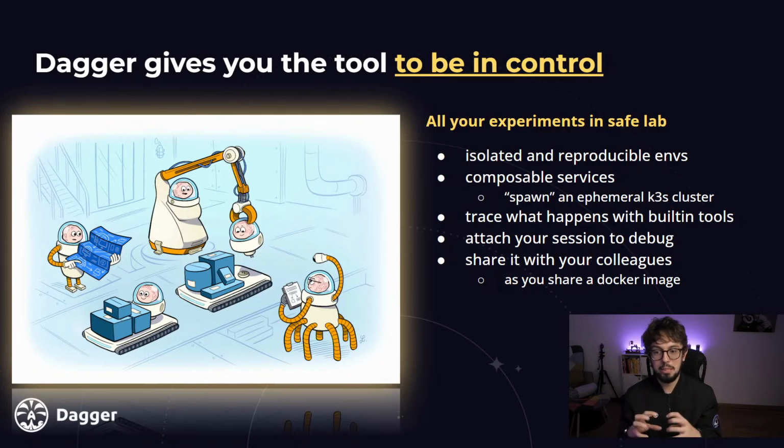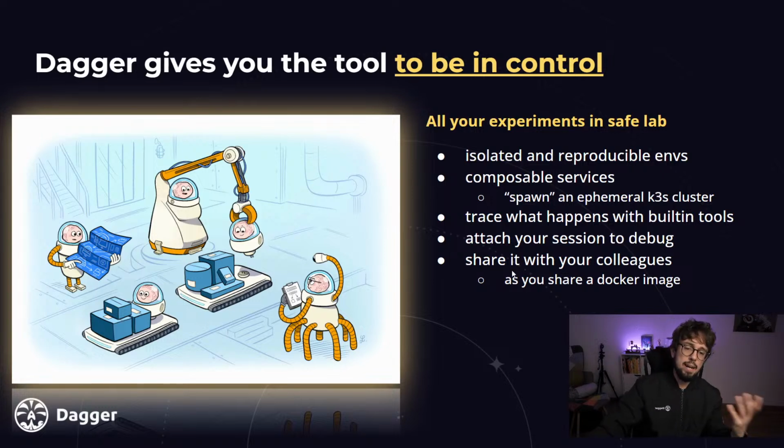It's pretty cool. We will see, don't worry. And the last part is, okay, I want to be able to debug also this kind of black box, right? And you can: again, you log in to your running pipelines, you attach your session, and you're ready to go. Simple like that.